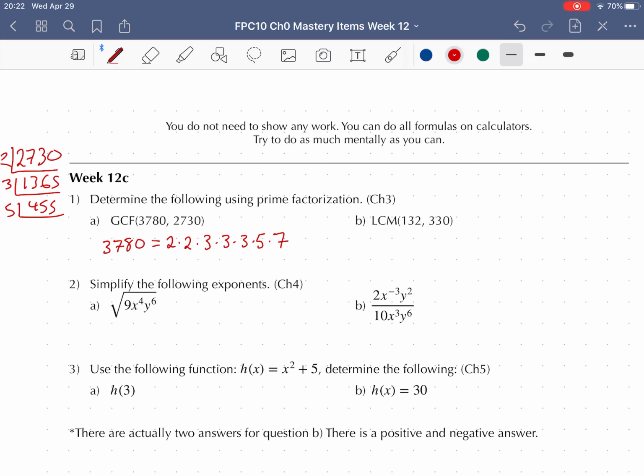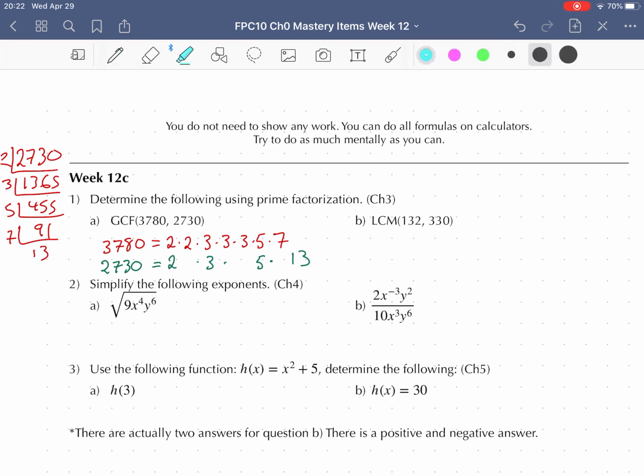Can't divide that by 3 anymore, so we divide it by 5 to get 91. We can't divide that by 5 anymore, so try 7. Divided by 7, we get 13. So I'm going to write this quickly in a different color: 2730 is equal to 2 times 3 times 5 times 13.